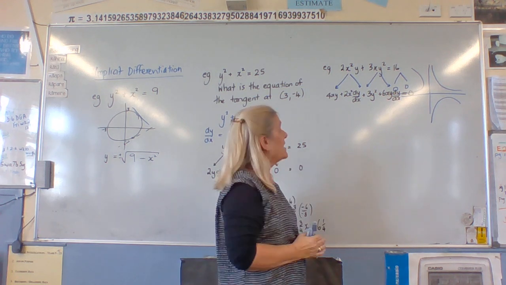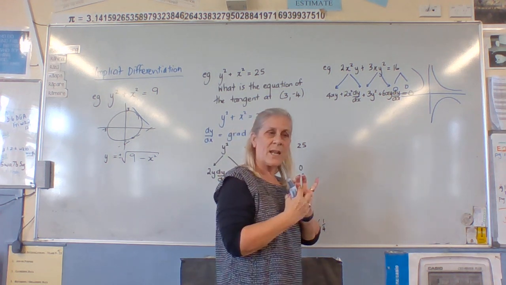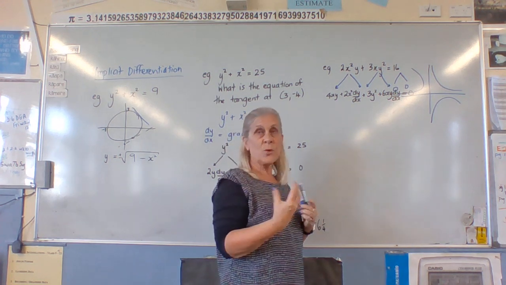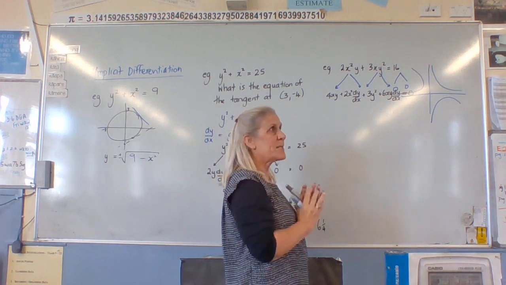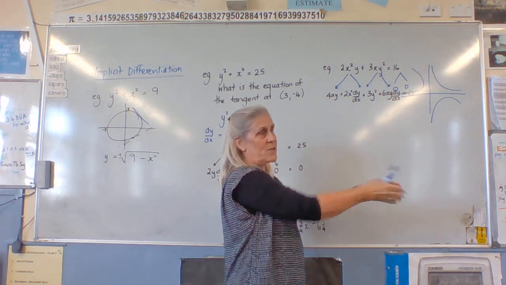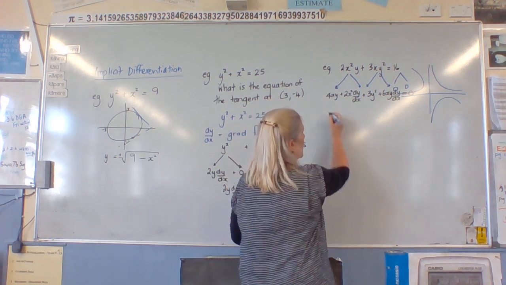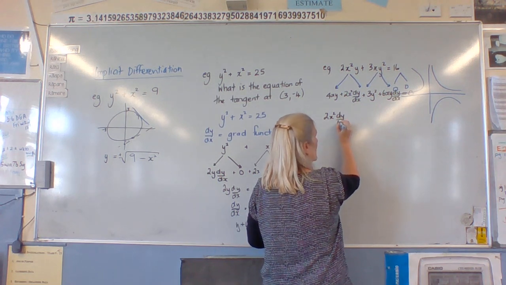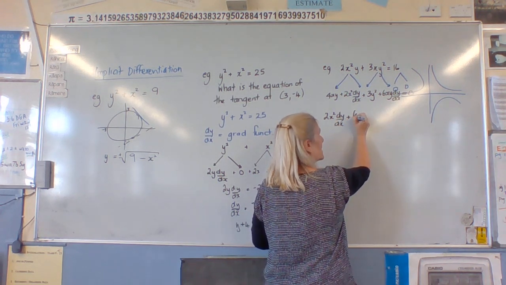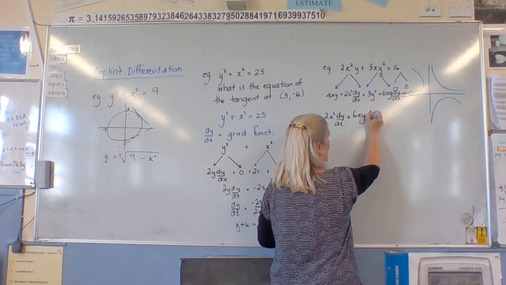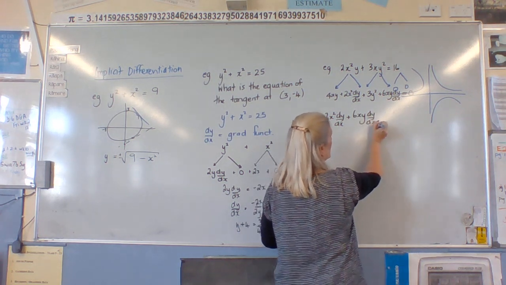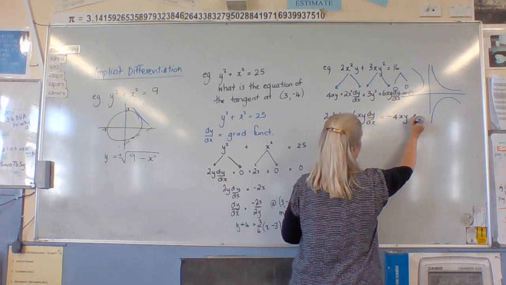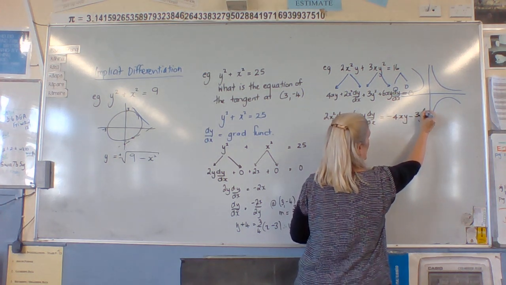Now we have to rewrite it as dy by dx equals. So according to our algebra, that means we take all the dy by dx's on this side, stick everything else on the other side first. So we're going to get 2x squared dy by dx, plus 6xy dy by dx equals negative 4xy and negative 3y squared.